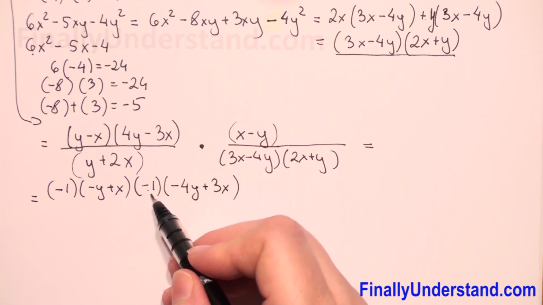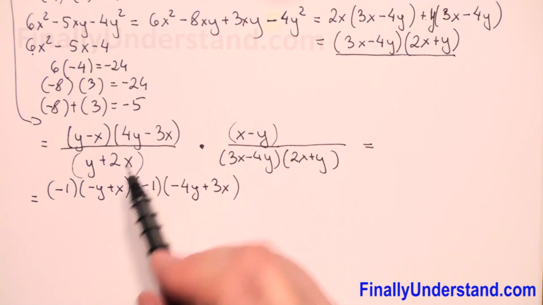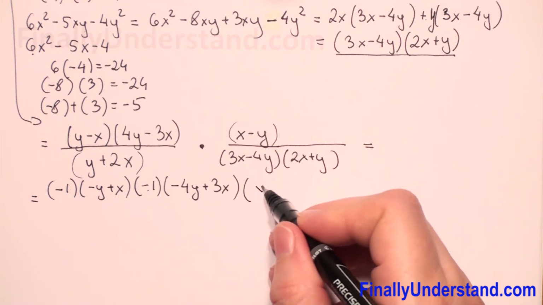When I multiply by negative 1, I will have exactly the same as at the beginning. I didn't change anything. And we have times x minus y.